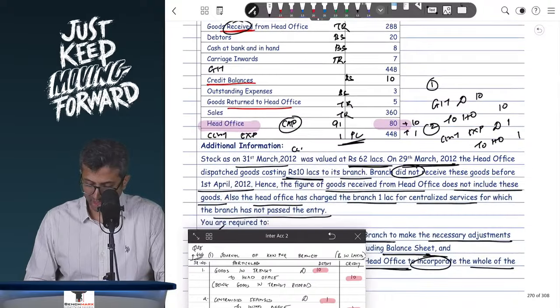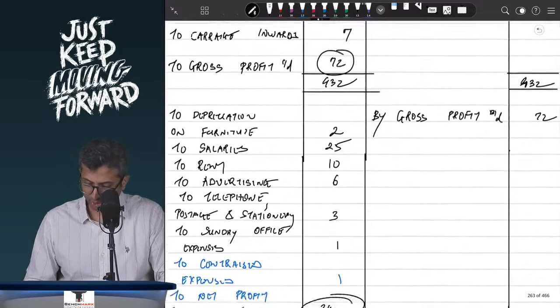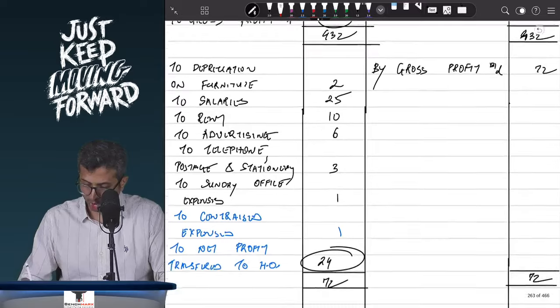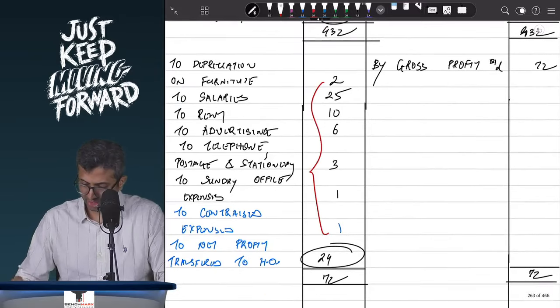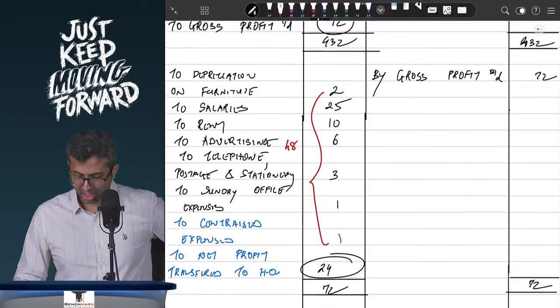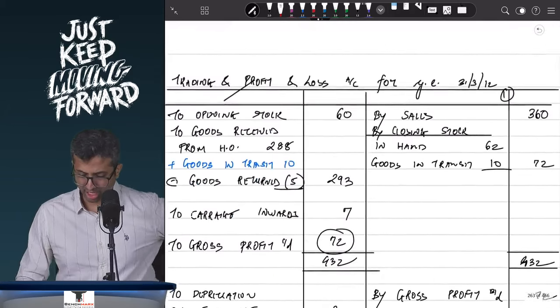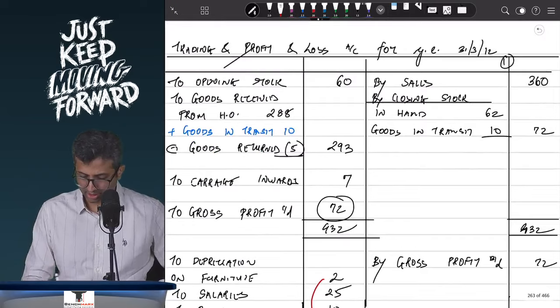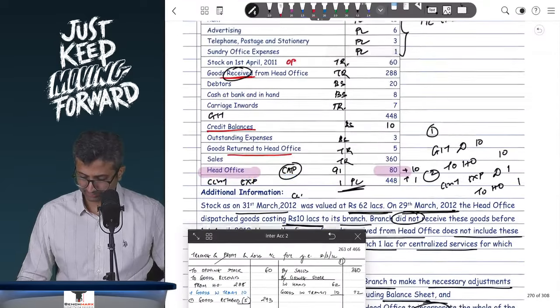Apart from that, if I go to see over here, all of these together, you can just verify, should ideally be around 48: 25, 27, 37, 37 and 10 and 11, 48. That is right. Apart from that, we said that you will have the opening stock, which is 60, which is given to us.